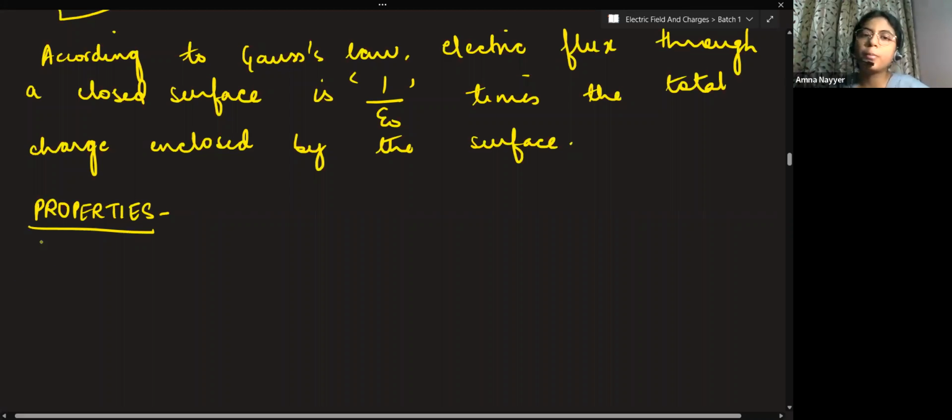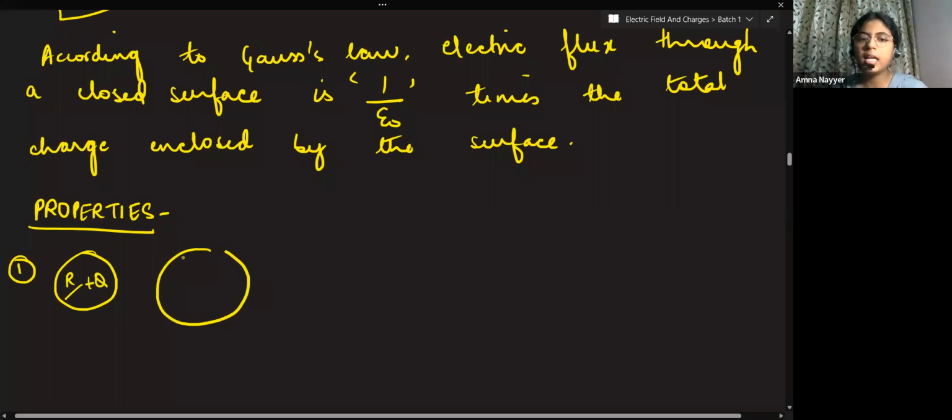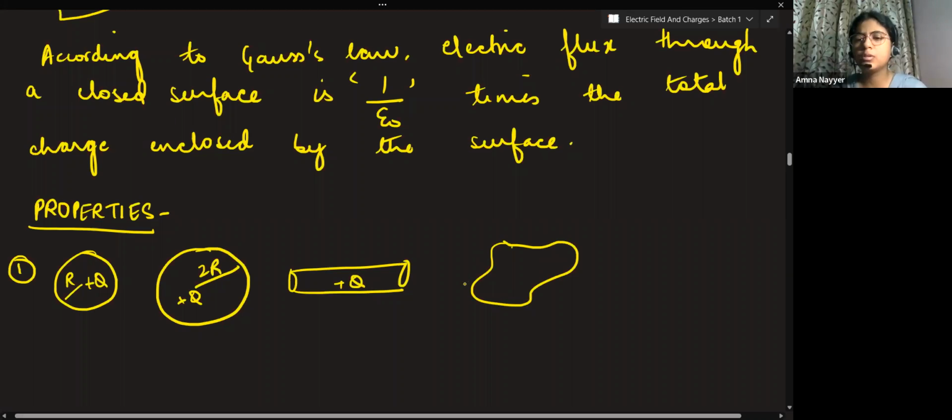Let's see what are the properties of Gauss law. The first property says that if I take a small sphere with radius R and the charge is plus q, or a bigger sphere with radius 2R and the enclosed charge is plus q, or a cylindrical surface with charge plus q, or any random system with total enclosed charge plus q, what will be the flux?